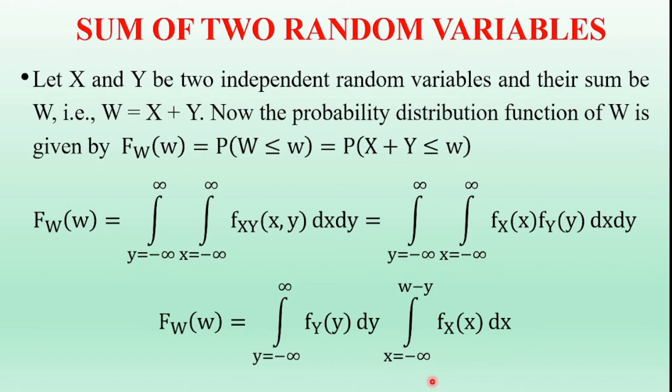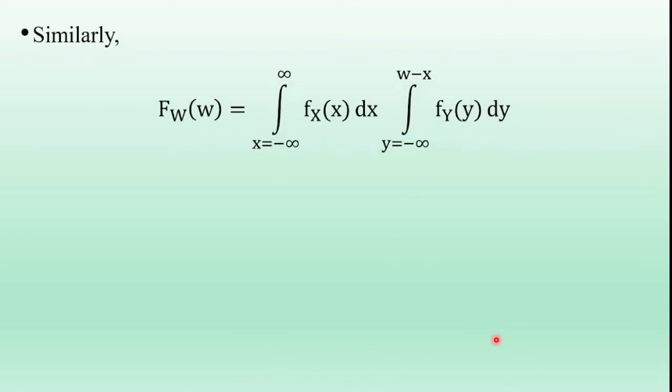So the integral from minus infinity to w minus y of f_X(x) dx. Similarly, F_W(w) is equal to the integral over x from minus infinity to infinity of f_X(x) dx, with w equal to x plus y. Now y is equal to w minus x, so the integral from minus infinity to w minus x of f_Y(y) dy.